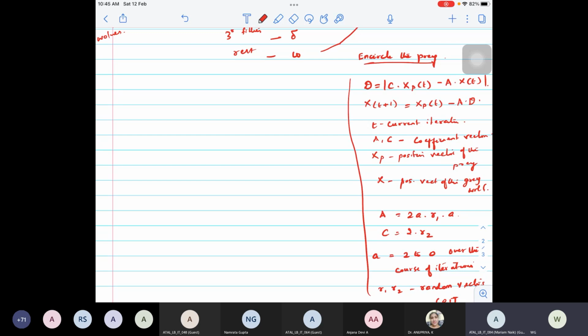As I already told you, the alpha wolf is going to guide the hunting operation, and beta and gamma may occasionally participate in the hunting.